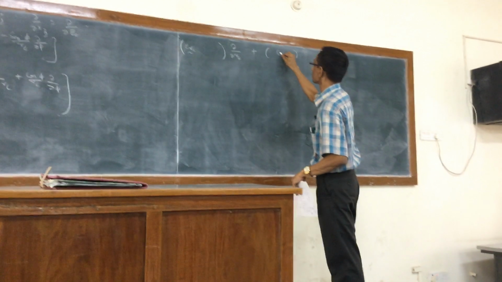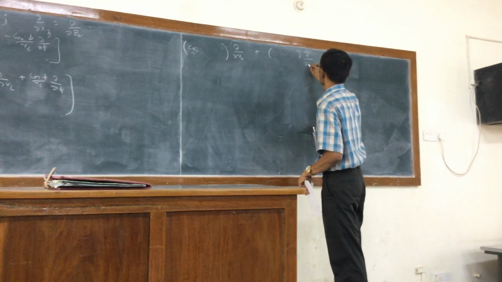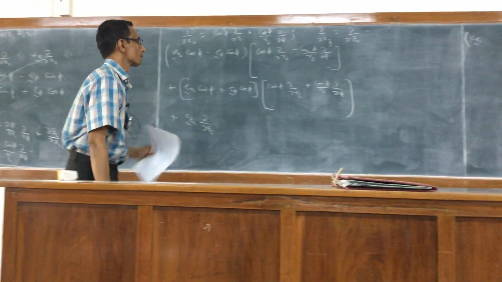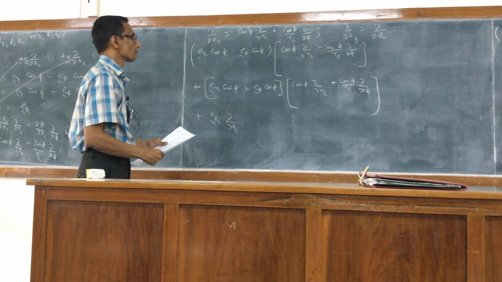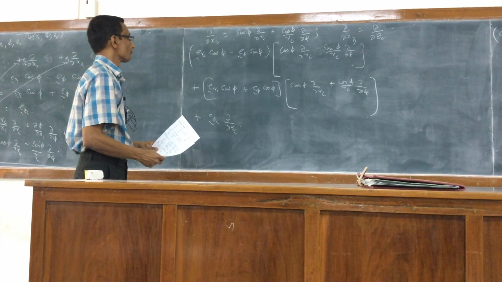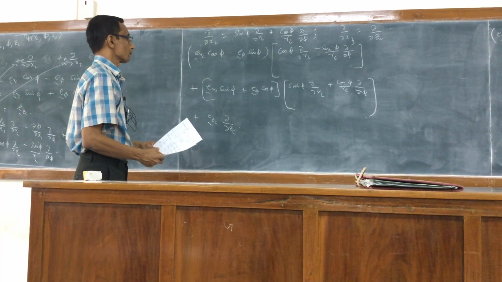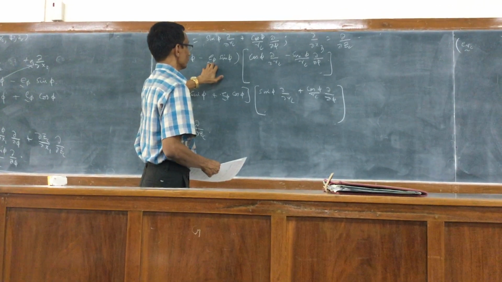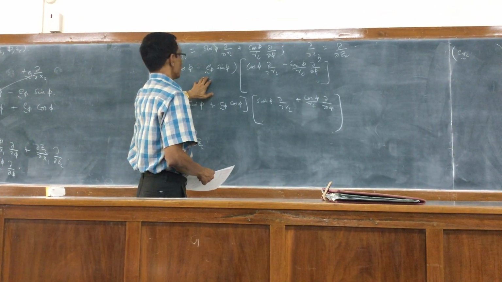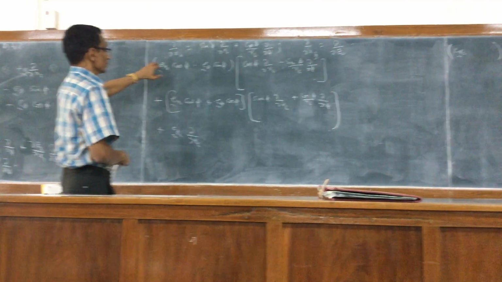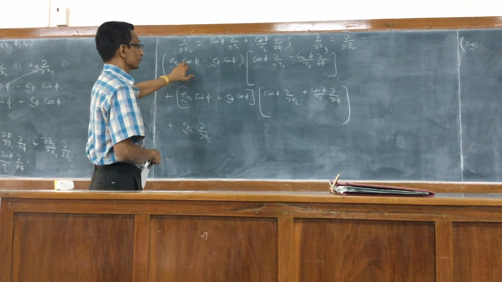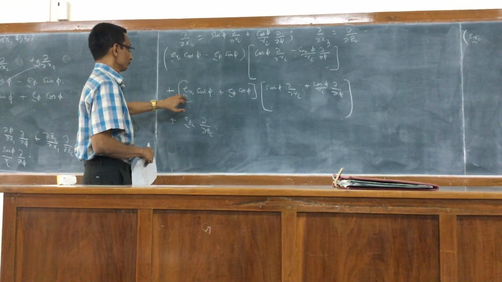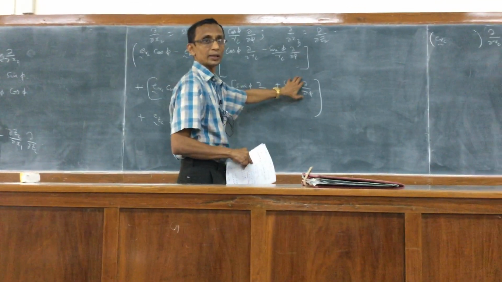And then plus E phi. Let's look at what we get for d by d phi. This is a term coming from ERC: minus cos phi sin phi by RC, and then plus sin phi cos phi by RC.